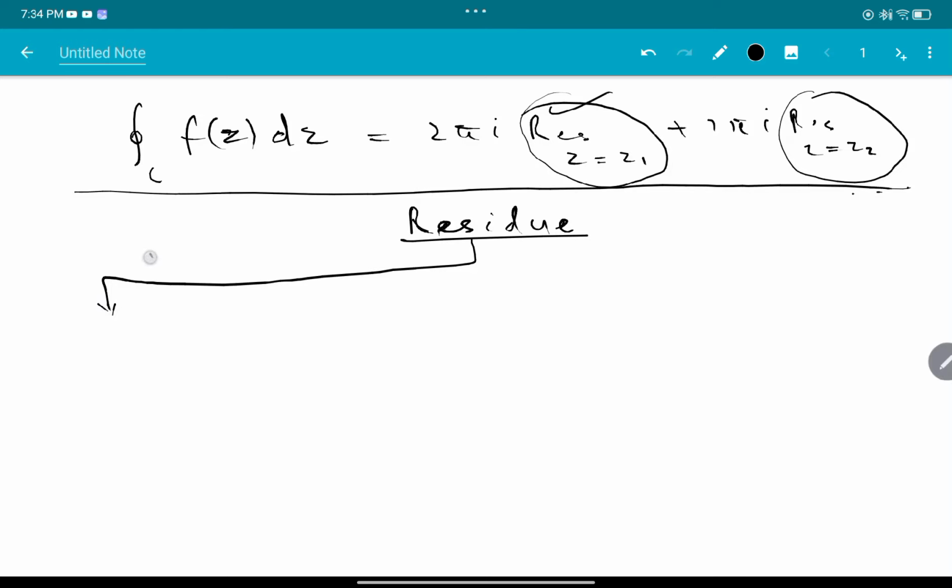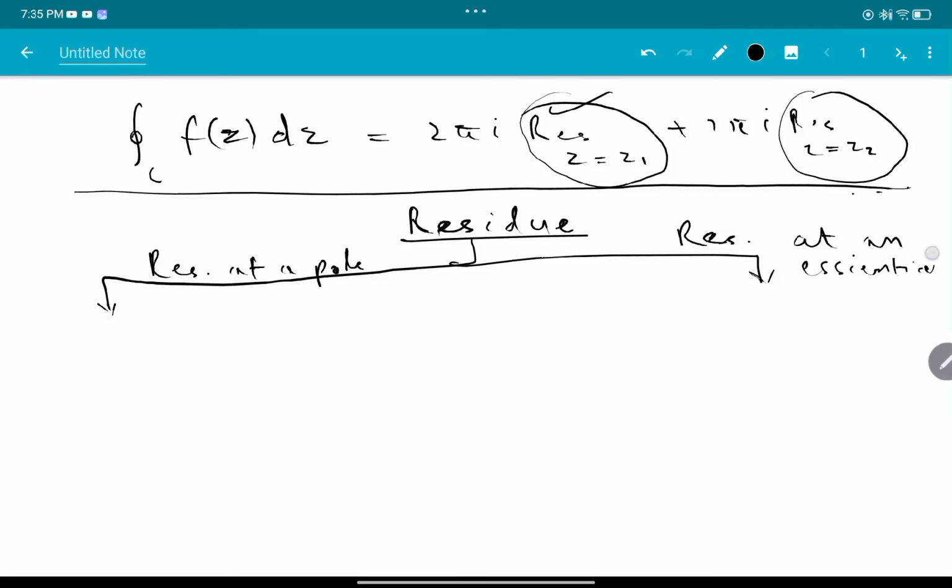And if you are finding the residue at an essential singularity, then you have no other course except series expansion of f(z) in a Laurent series.